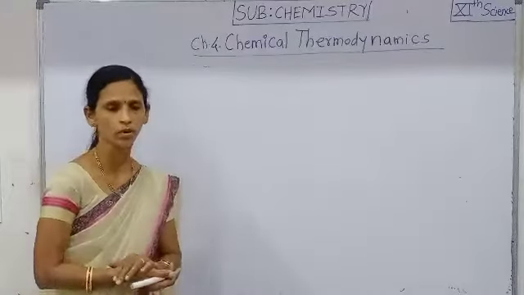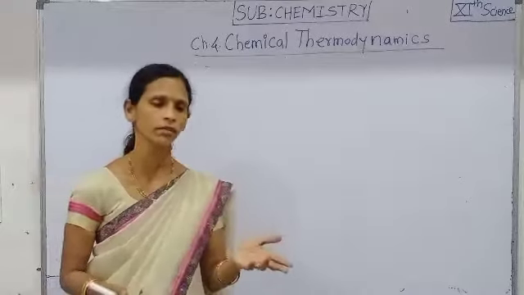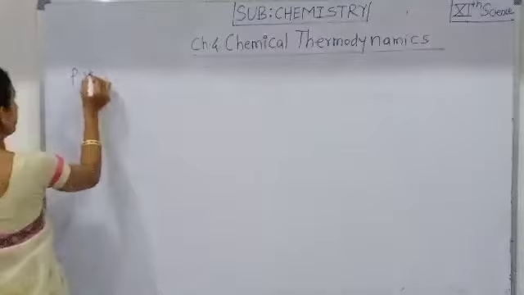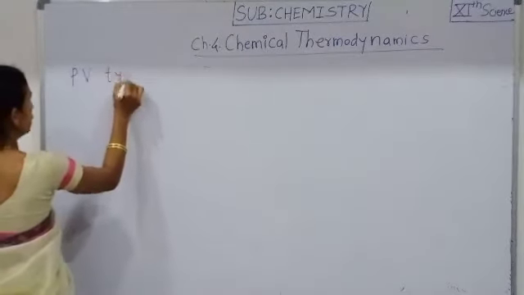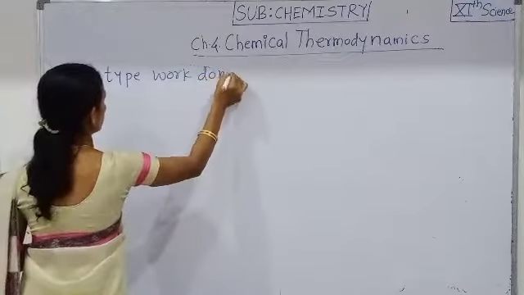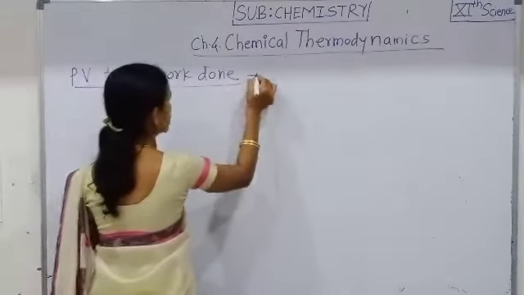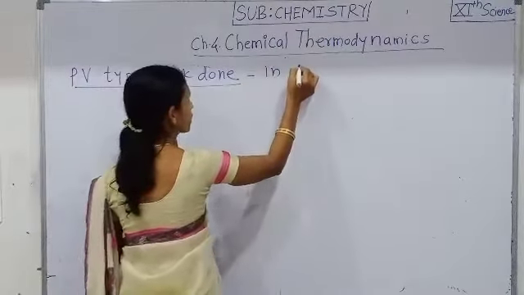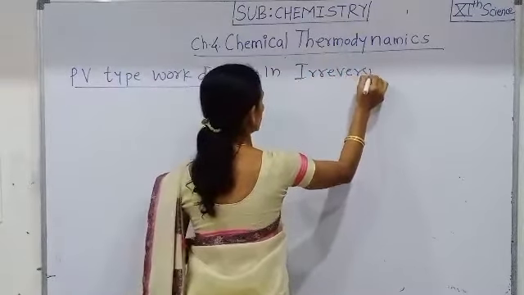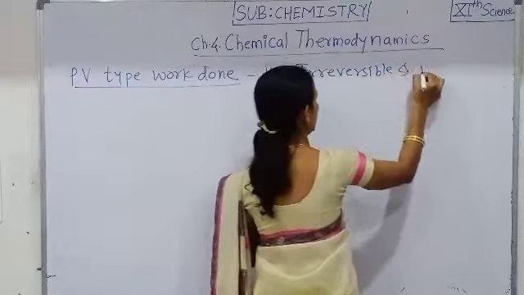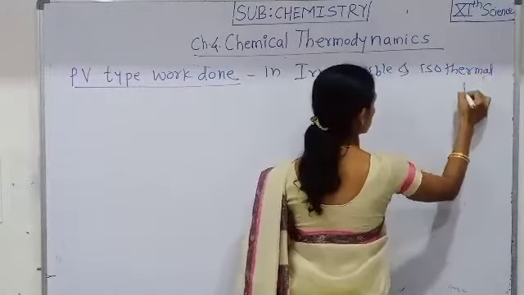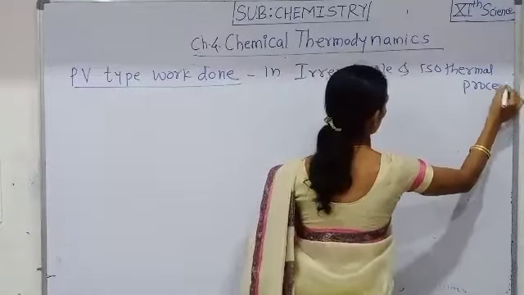One more concept all of you studied is the PV type work done. Derivation for PV type work done. PV type work done takes place in an irreversible and isothermal process.